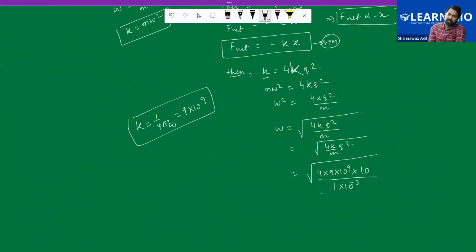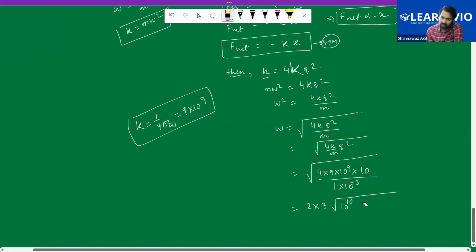Then how much does this become? We have 9 and 1, this is 10 to the power 10, and 4 and 9, so this is 2 into 3.